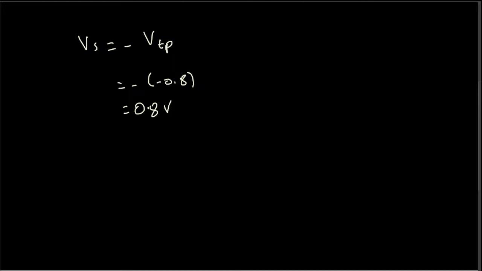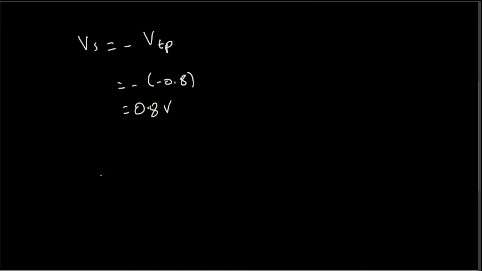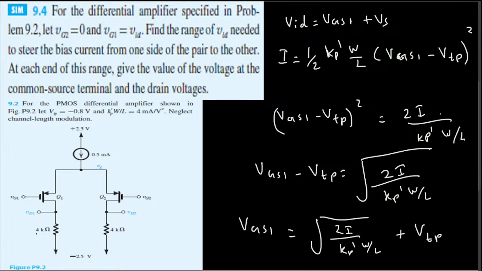And if you look at the drain voltage, that's VD1. Here we can apply the KVL. VD1 should be equal to the voltage drop plus this voltage if you apply KVL. So let's write the equation for this. VD1 is equal to the voltage drop, which is the resistor times the current according to Ohm's law.